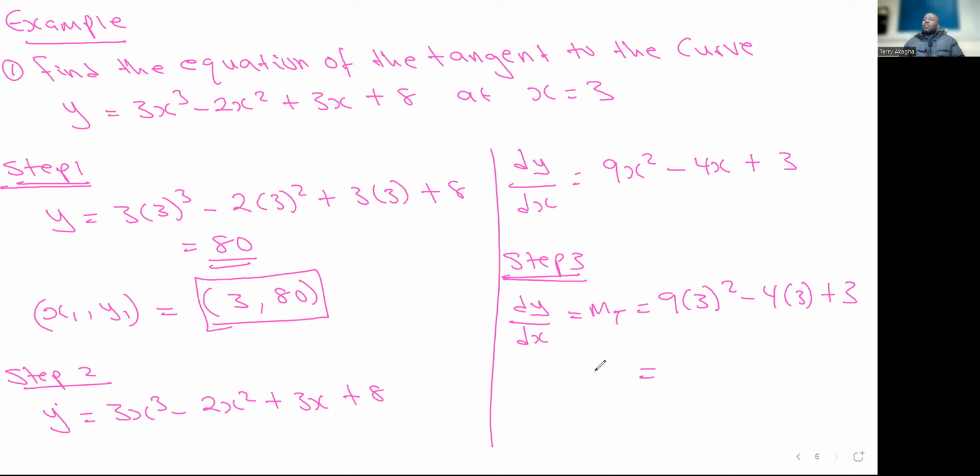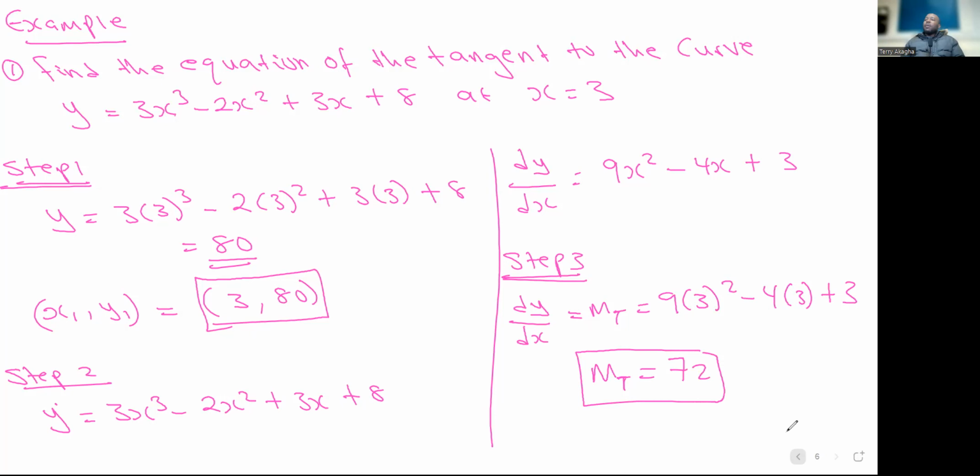When you press your calculator, mt, the same thing as dy over dx, gives you 72. So as you can see, we found x1, y1, and now we know the value of mt.